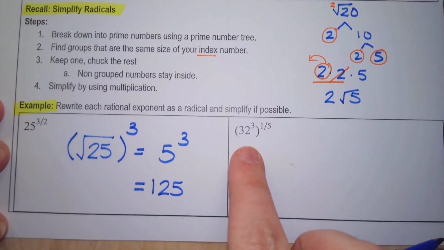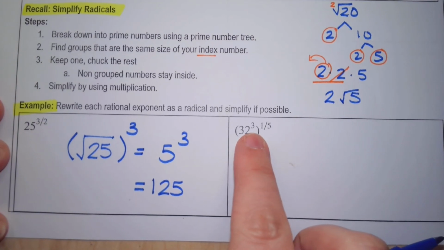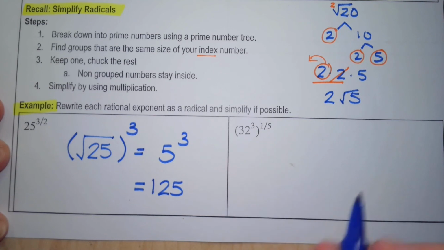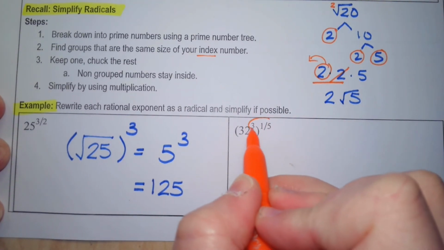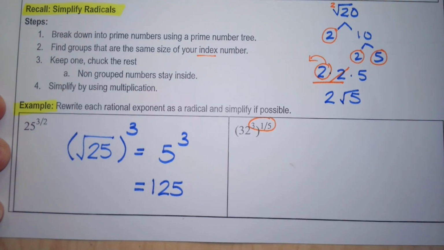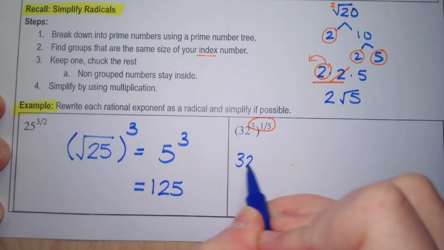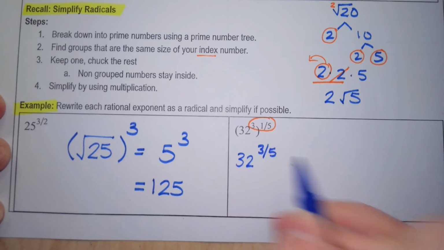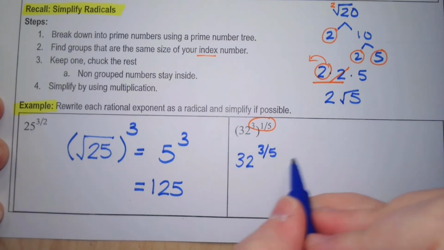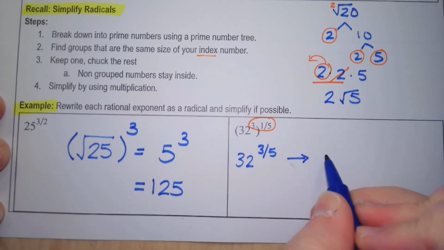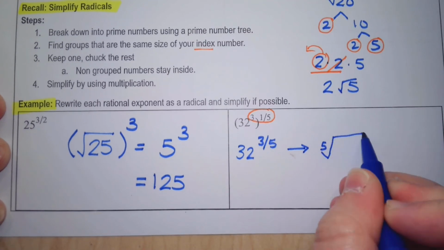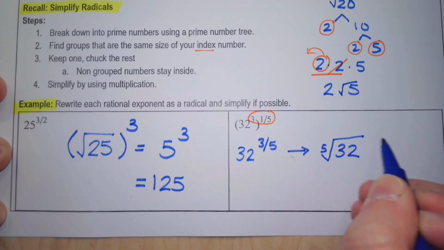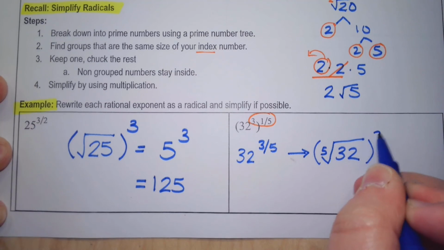All right, this next one, 32 to the 3rd, times 1/5. I'm actually going to combine these exponents and have this be 32 to the 3/5. So now we rewrite this as the 5th root of 32 to the power of 3.